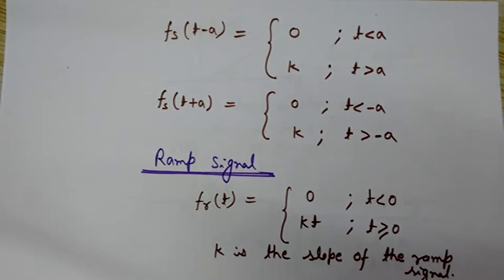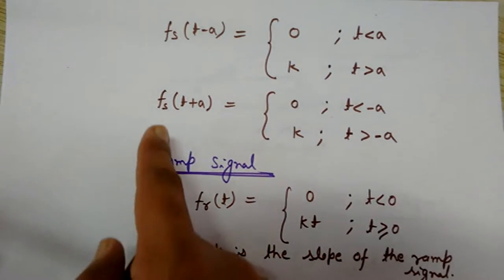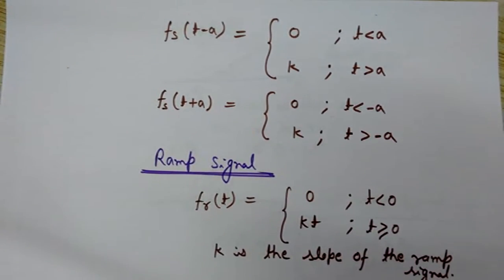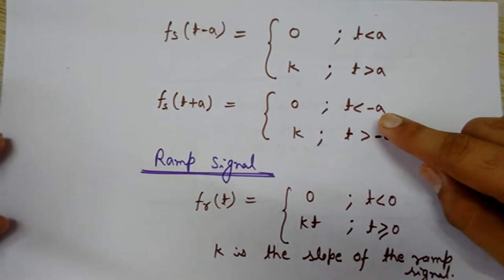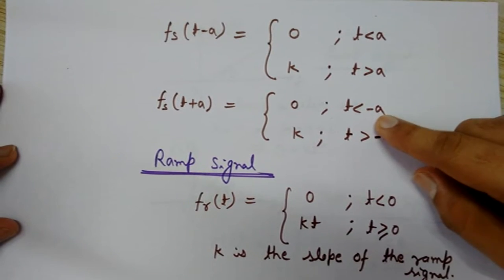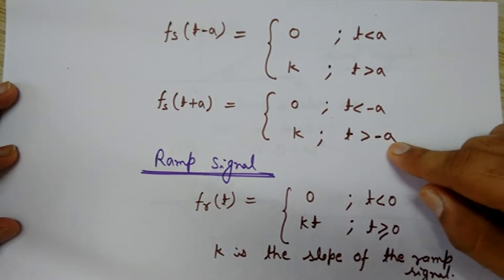Similarly, for the signal which has been advanced by a constant value a, we can define that signal as f(t plus a). Its value is equal to 0 for the values of t less than minus a, and for t greater than minus a, it is k.